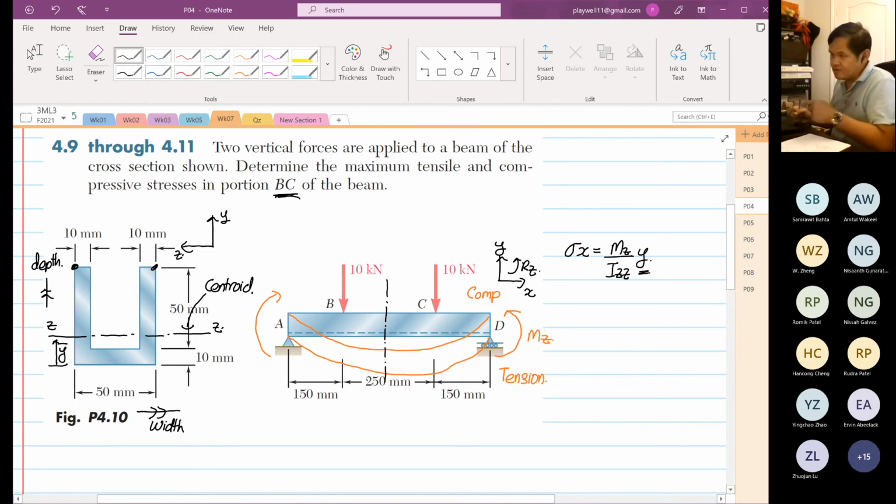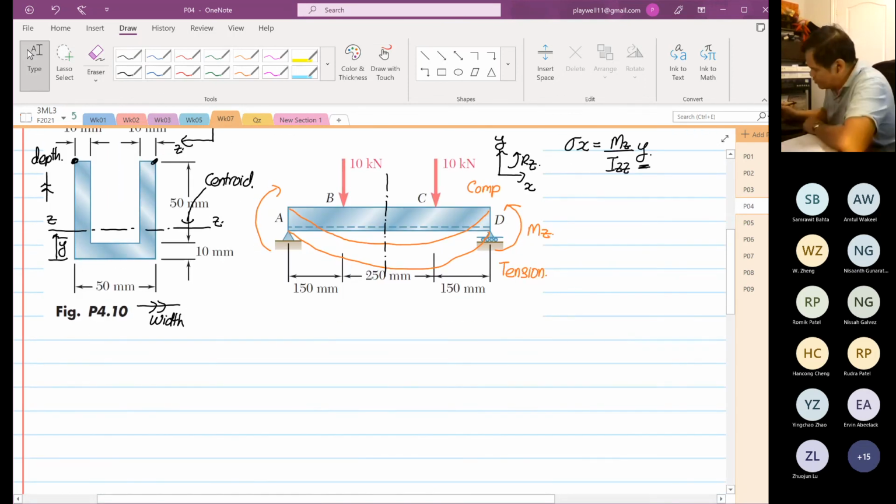Okay, for this case, once you know that, you call this point E. So you are going to find the moment at point E. We have to find the moment.